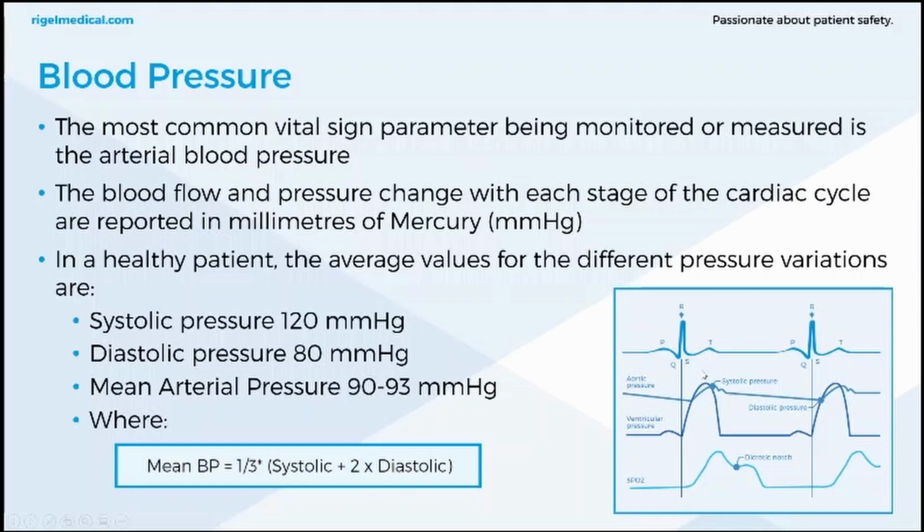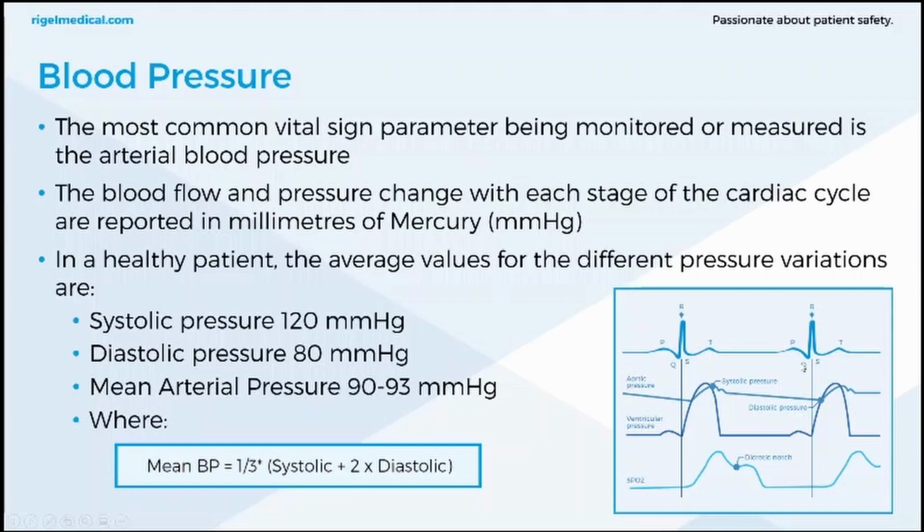The blood pressure is at its lowest diastolic here, and that's your lowest aortic pressure, and that allows blood to circulate through the body through this system, and blood pressure is measured by using systolic and diastolic pressures.